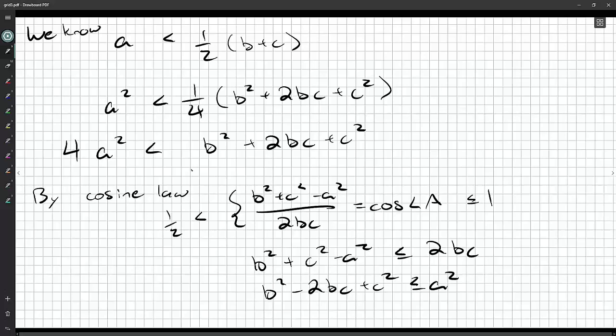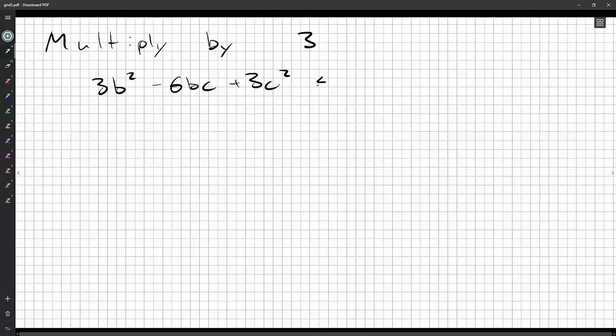So I definitely need to have an a squared hanging around, I think. So what if, maybe we'll say something like this. Multiply by 3, and then you'll get 3b squared minus 6bc plus 3c squared is less than or equal to 3a squared.